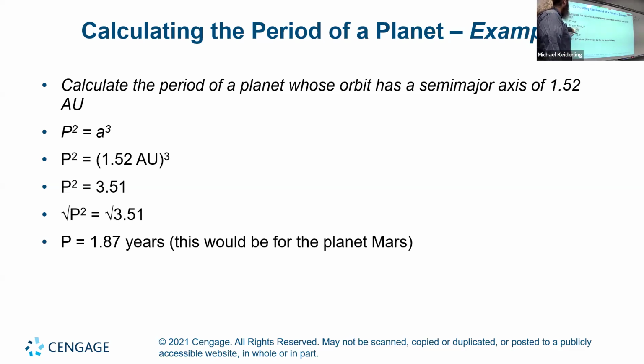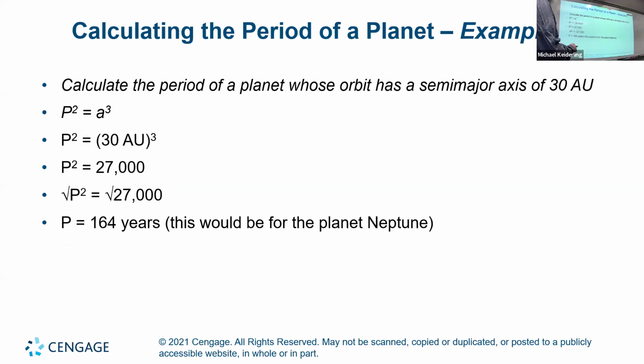So P squared equals 1.52 AU cubed. 1.52 cubed is 3.51. We take the square root of both sides, the square root of 3.51. P equals 1.87 years. And that is how long Mars takes to orbit. So Mars orbits at a distance of 1.5 AU, and it orbits in a time of 1.87 years.